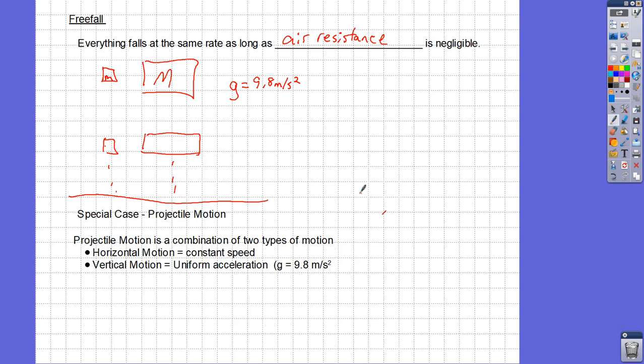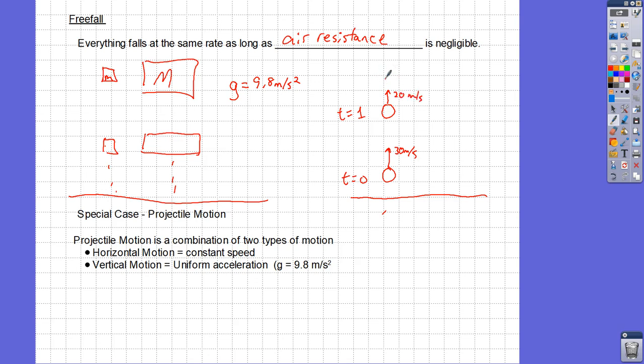Also remember that on the way up, if you throw something upward, let's say that we toss something upward and it has an initial velocity of, say, 30 meters per second. Then 1 second later, if we make this kind of like a strobe photograph, so this is t equals 0, at t equals 1, its velocity is going to be 20 meters per second.